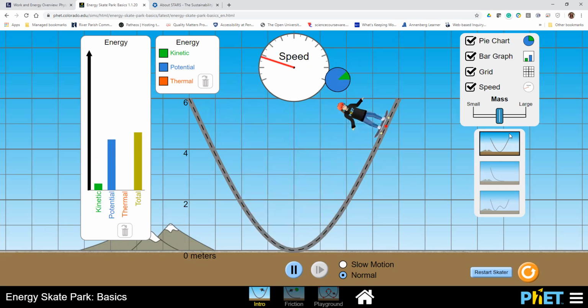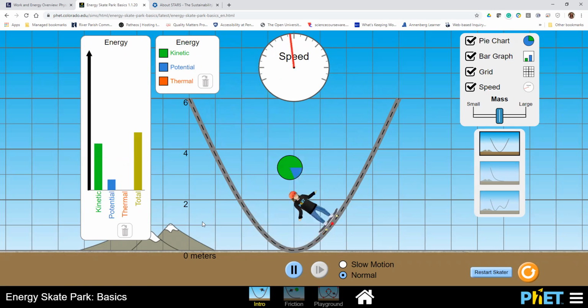Notice in this particular setting, on the intro setting, there is no thermal energy because there's no friction. So basically this skater would go on and on forever, conceivably.